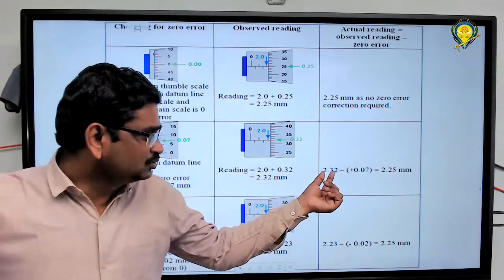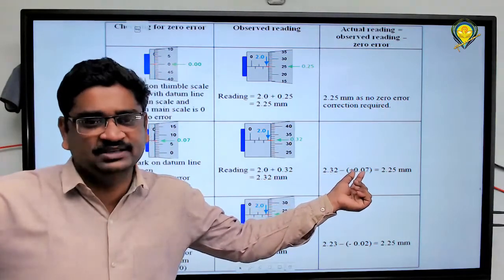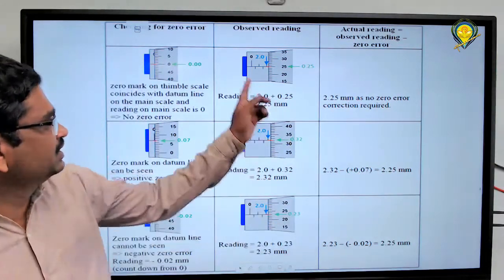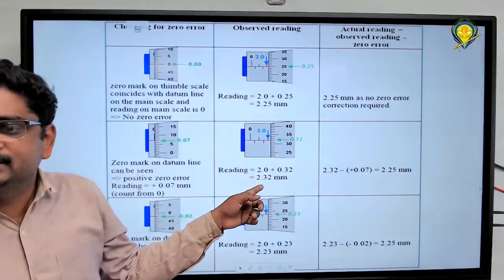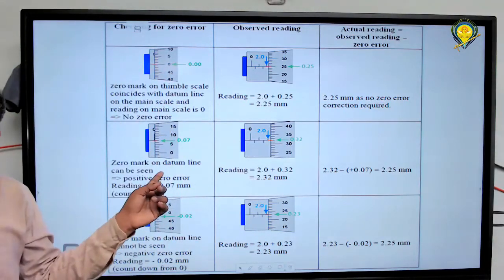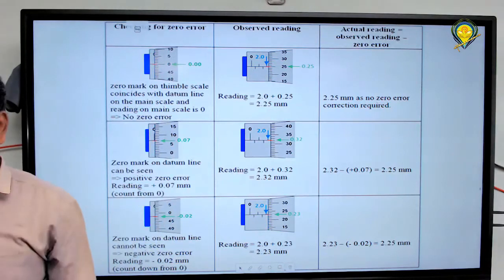So 2.32 minus 0.07 becomes 2.25. Same object: here and here also the same object, but this one is with error and this one is without error. We need to get the same width. With any instrument, the answer should be the same, right?